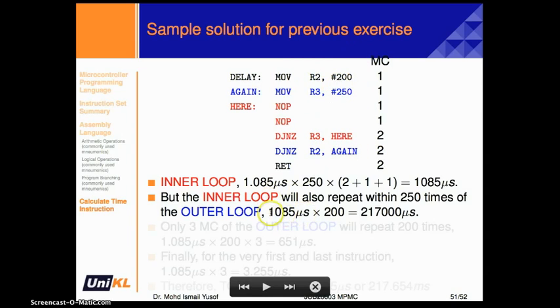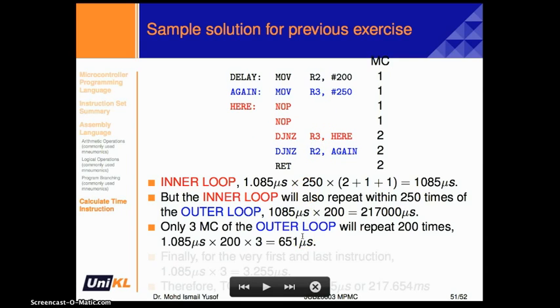So we multiply 1085 microseconds by 200, because of the value of R2. So we have 217,000 microseconds. The inner loop repeats 250 times itself, but on top of that it will also repeat 200 times.